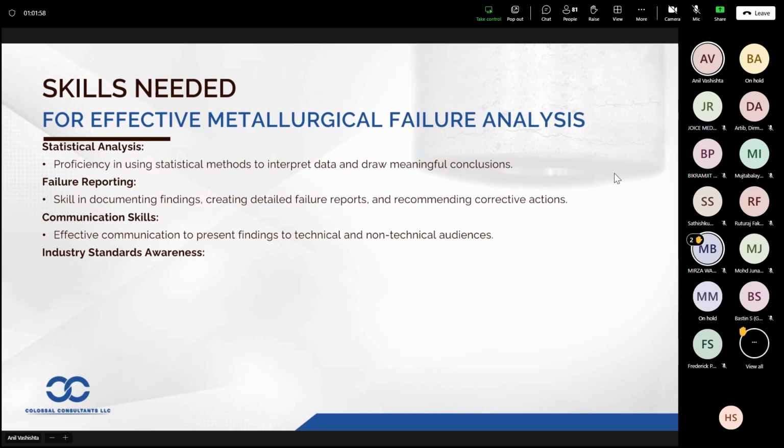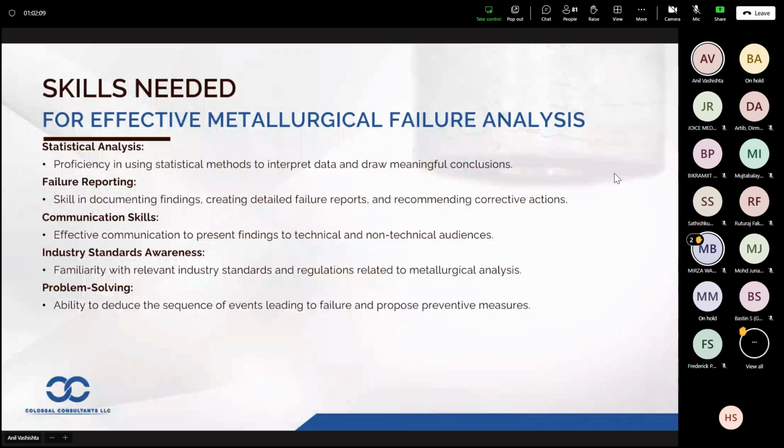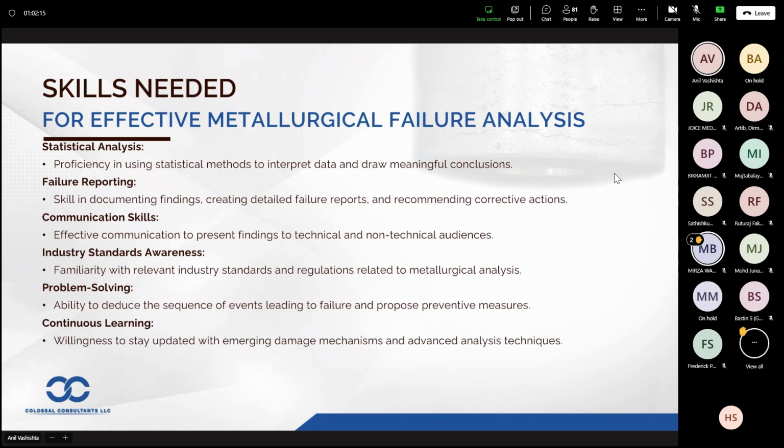Should have good communication skills, and industry standards awareness, familiarity with the relevant industry standards and regulations related to metallurgical analysis, and should be able to do problem solving. Continuous learning is something which is required by a failure analyst.